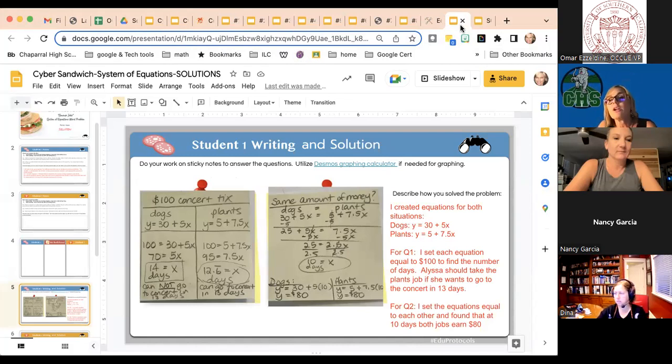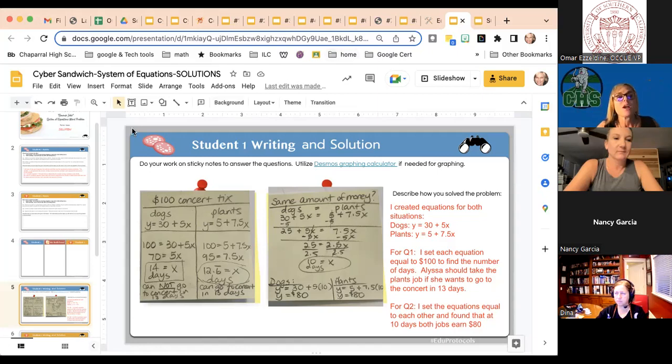Could a student do their solution on a sticky note or on a piece of paper and put that into the Google slideshow? For sure they could. So if the word problem you have is more akin to doing on paper, I have students do that all the time. They do their work on a piece of paper and then put the paper in the slideshow for their solution. I don't want the typing to be a hindrance to what they're doing.